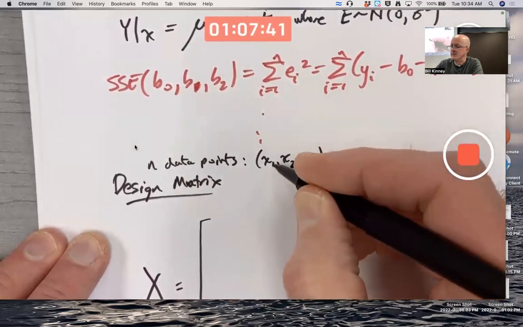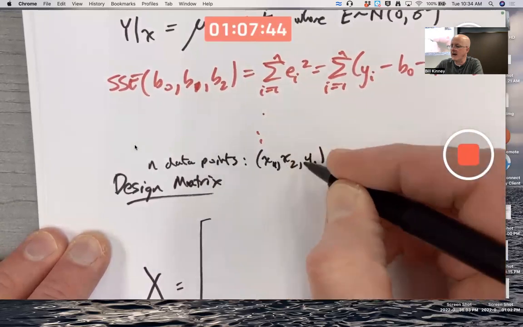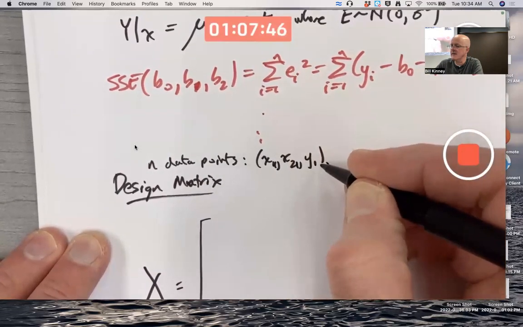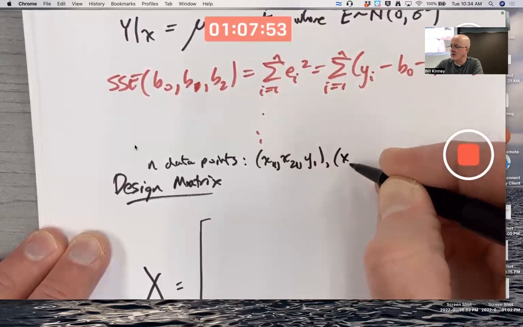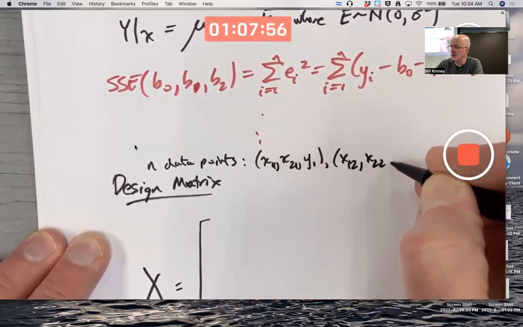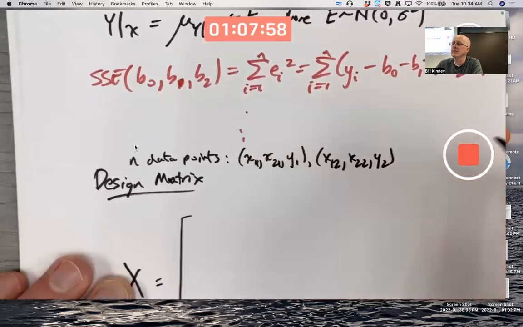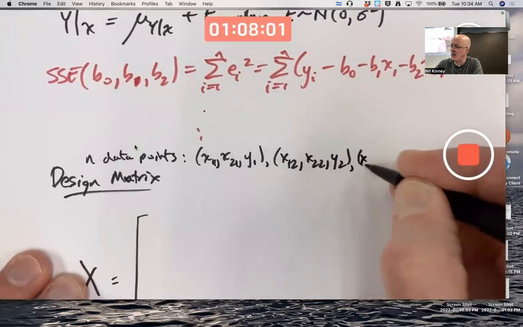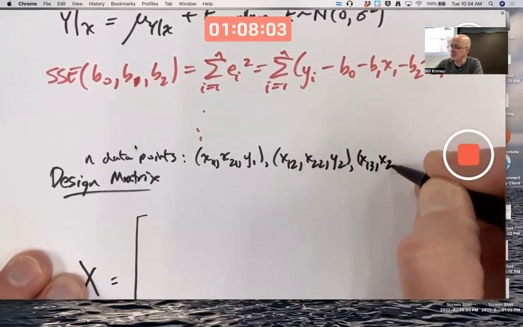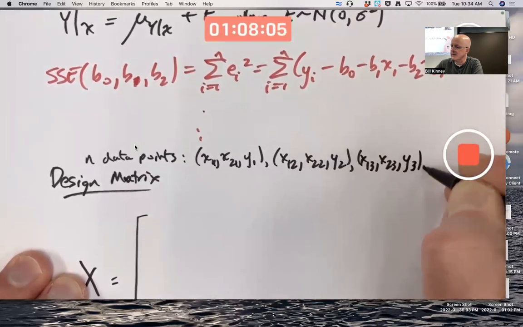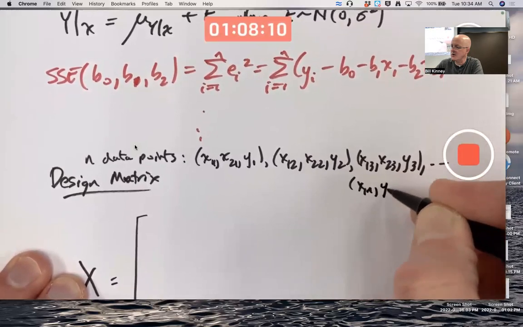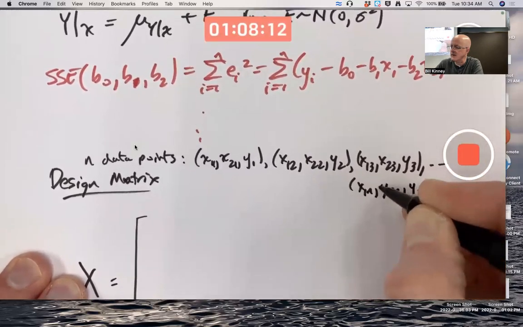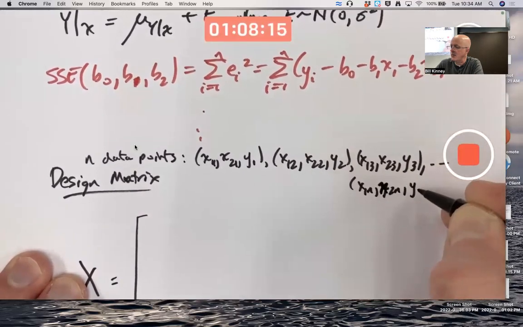And I should use a second subscript here, sorry: x11, x21, y1. It's okay to just use one subscript with the y's. x12, x22, y2. x13, x23, y3, etc. The last one's going to be x1n, x2n, yn.